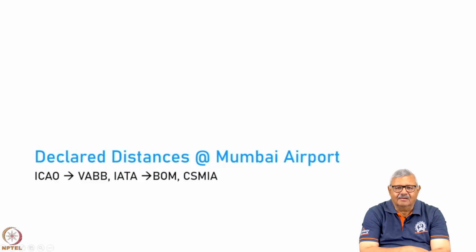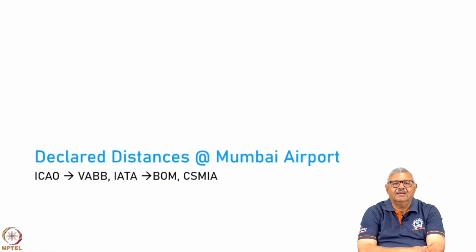As an example, let us look at Mumbai Airport, which is abbreviated as VABB under ICAO. In IATA, we call it BOM. When you book a flight ticket, you don't enter VABB, you enter BOM, and that is how you get your tickets. But the name of the airport is Chhatrapati Shivaji Maharaj International Airport, or CSMIA.